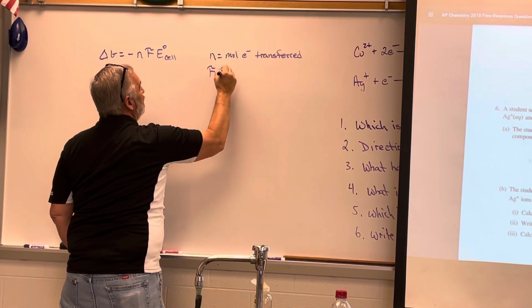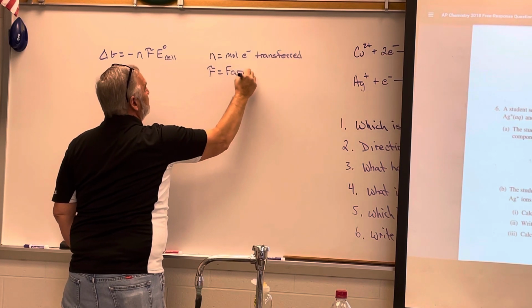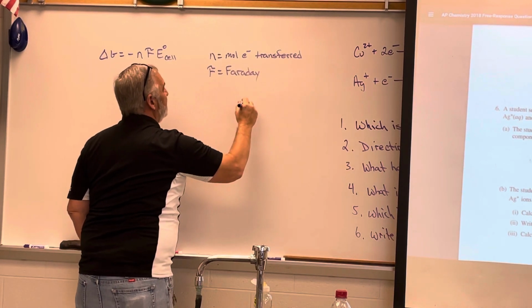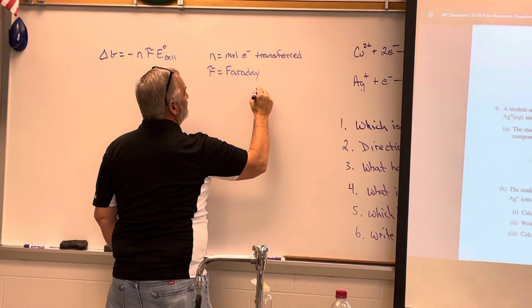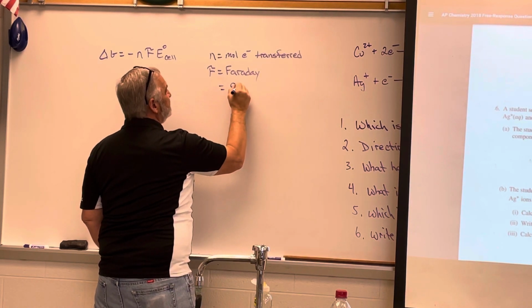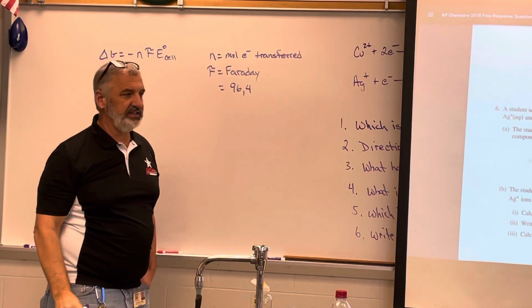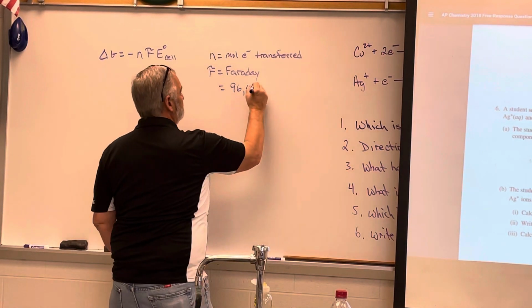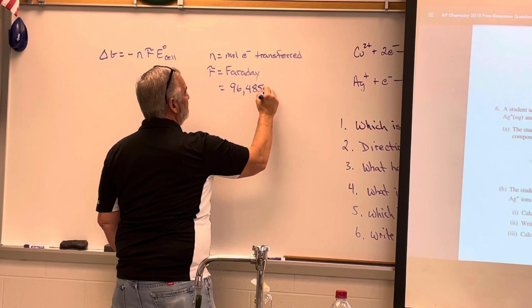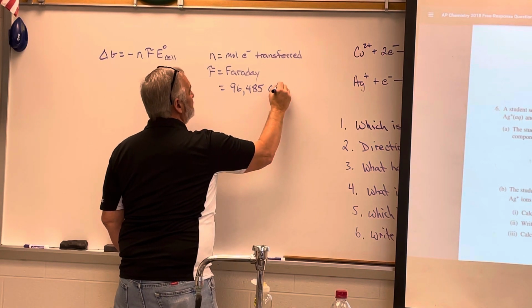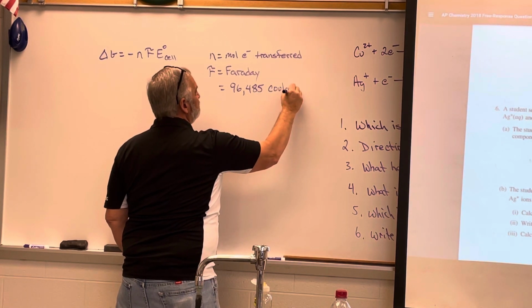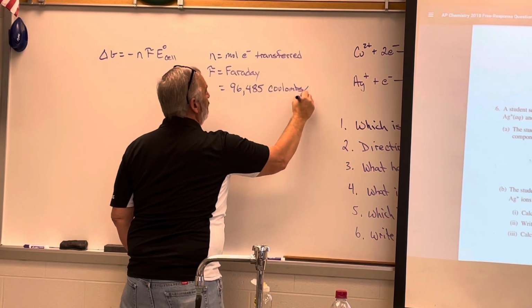F is called a Faraday, kind of like what today is not. It is equal to 96,485 coulombs per mole of electrons.